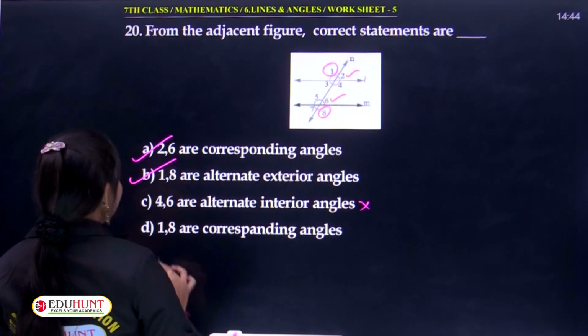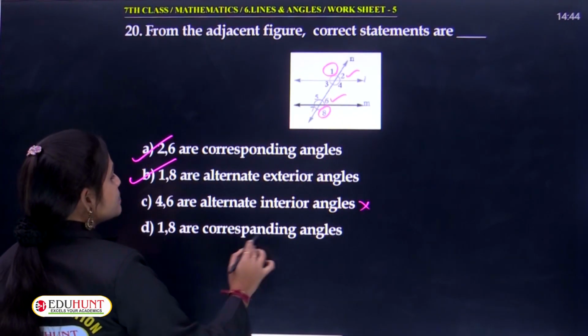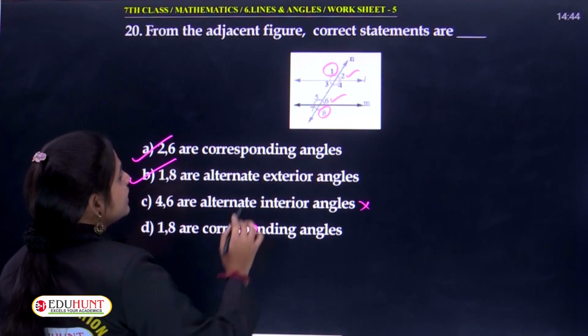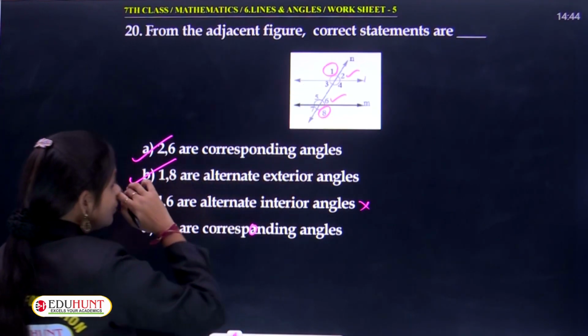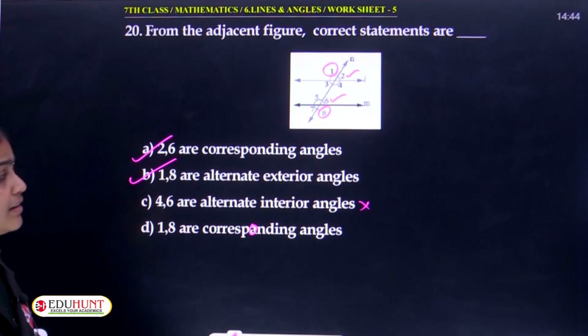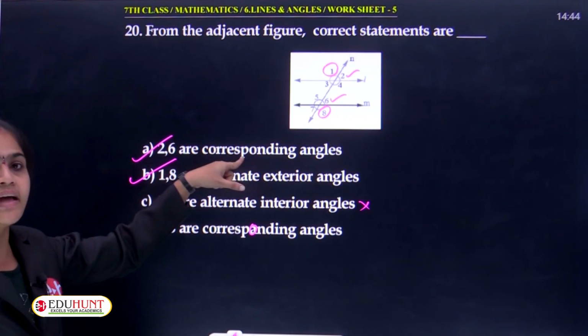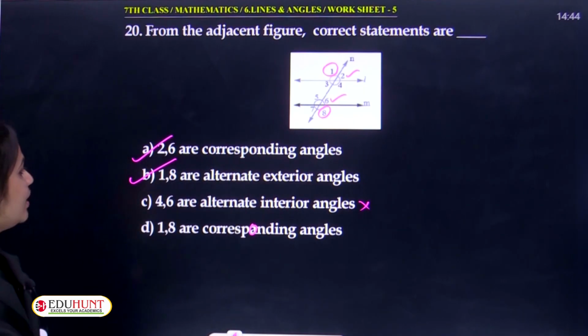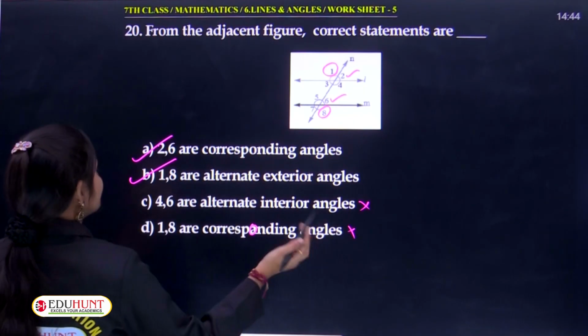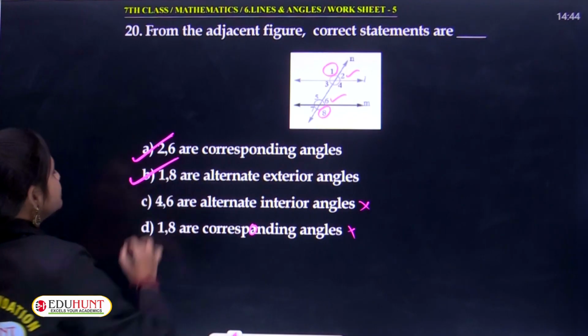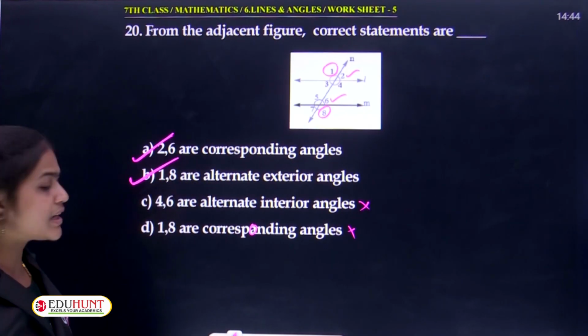No. Next, 1 and 8 are corresponding angles. No, those two are alternate exterior angles, and 4 and 6 are co-interior angles. That's why these two are wrong. Which one is correct? Option A, option B. These two are correct options.